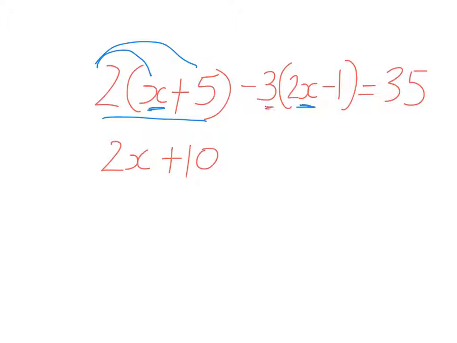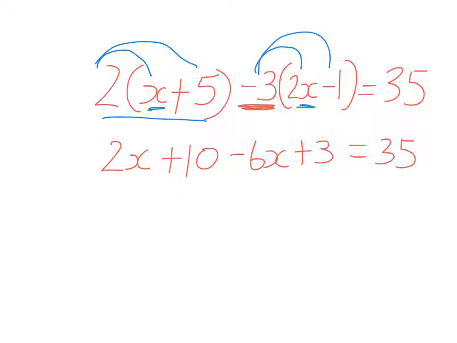So this isn't a 3 outside the brackets, it's a minus 3. So we distribute minus 3 to the 2x. Minus 3 times 2x is minus 6x. And then minus 3 times minus 1 gives you positive 3. Remember, minus times a minus is positive. And that still equals 35.